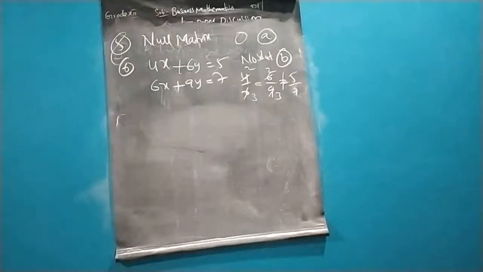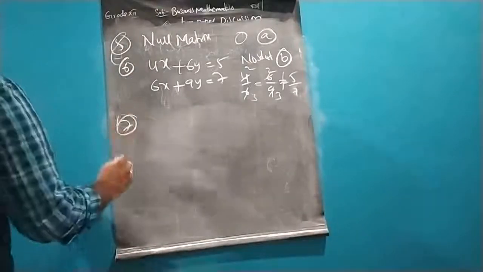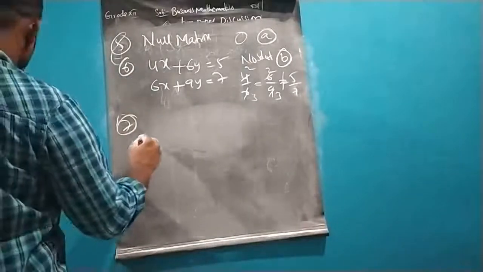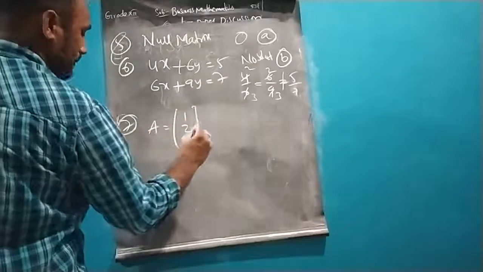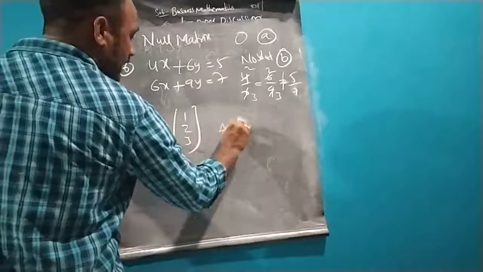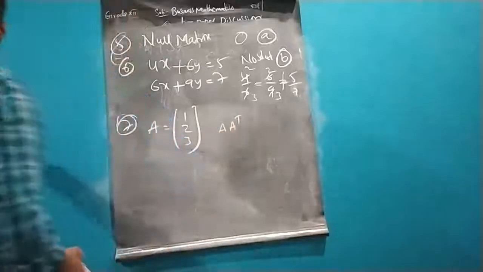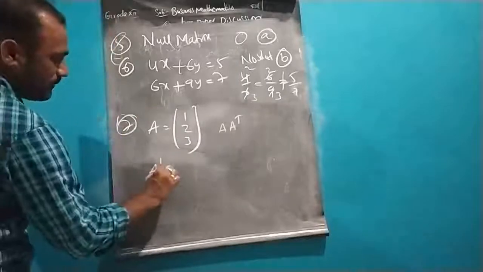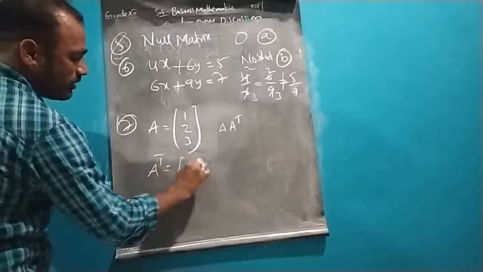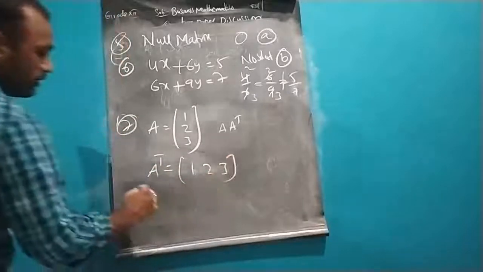Now for the seventh question, the rank of the matrix. There is one matrix A, 1 2 3, and he is asking for A into A transpose. What will be the rank of that matrix? Here we have 3 rows, and we will get only one row.